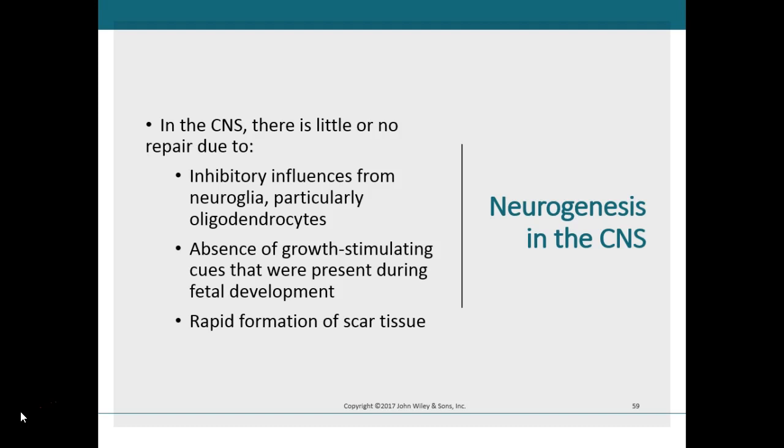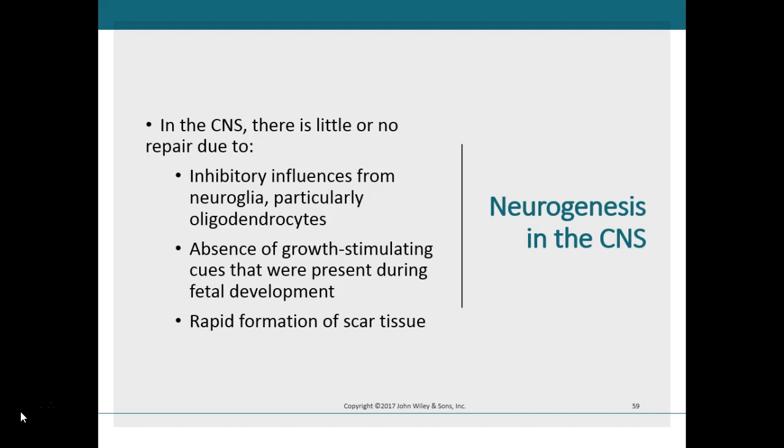And this central nervous system myelin is one of the factors that inhibits regeneration of neurons. Also, after axonal damage to the axons in the brain and the spinal cord, nearby astrocytes proliferate, or make new astrocytes, very, very rapidly, and when they do so, they form sort of a scar tissue that acts as a physical barrier to regeneration. So injury to the brain or spinal cord usually is a permanent damage.